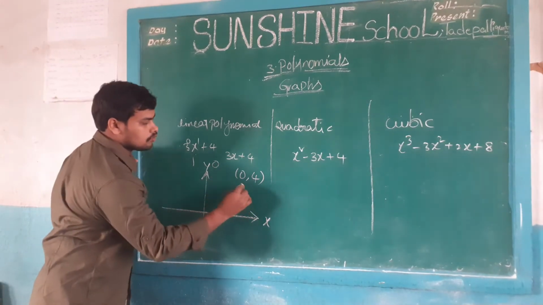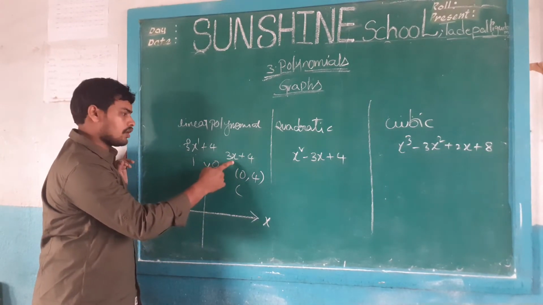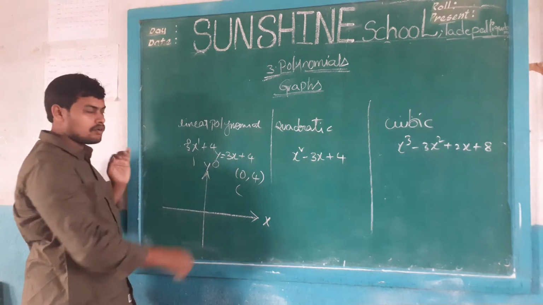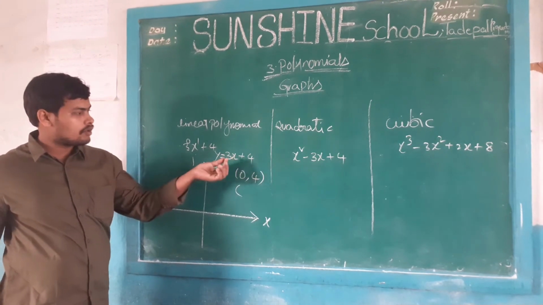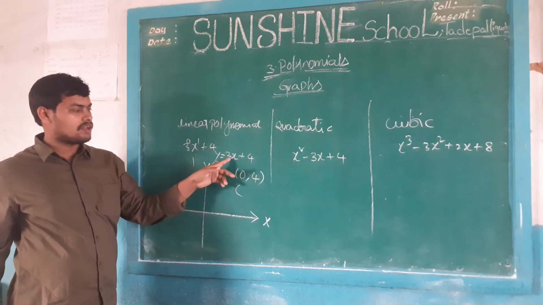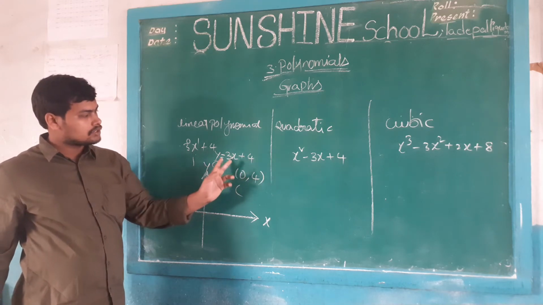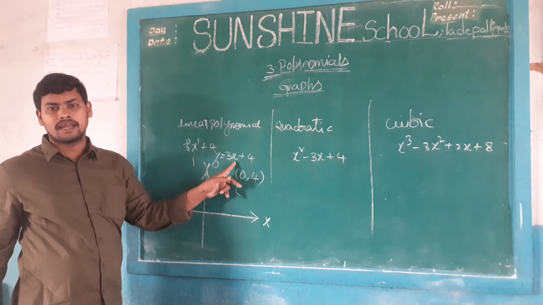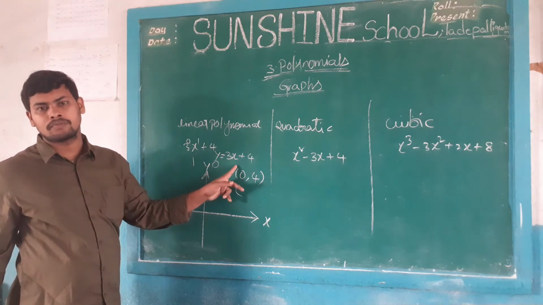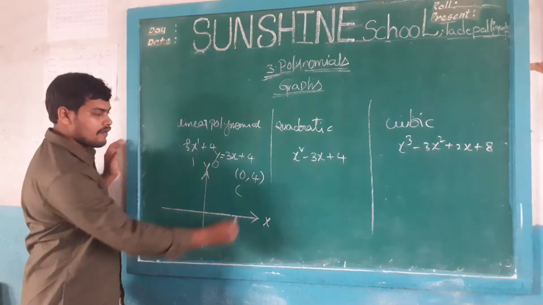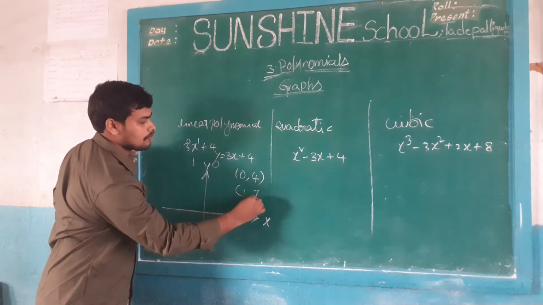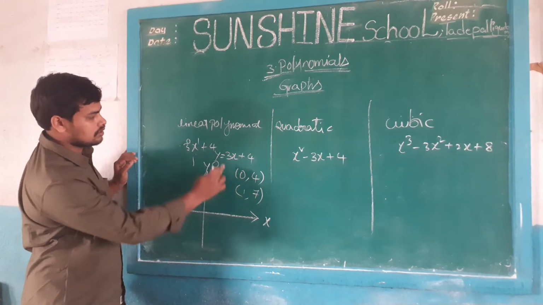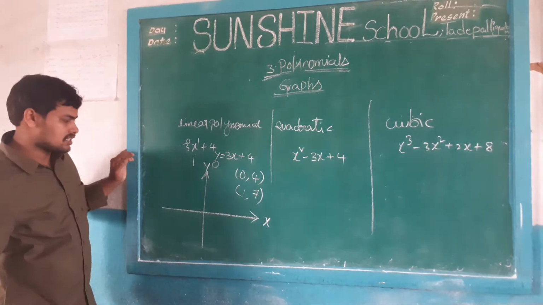Let y equal to 3x plus 4. First you have to place x value as 0. 3 into 0, 0, 0 plus 4, 4. In a similar way, next x value, let x equal to 1. 3 into 1, 3. 3 plus 4, 7. So the point is 1 comma 7.